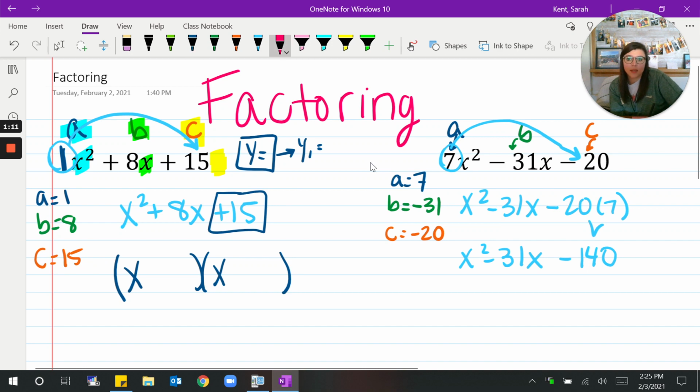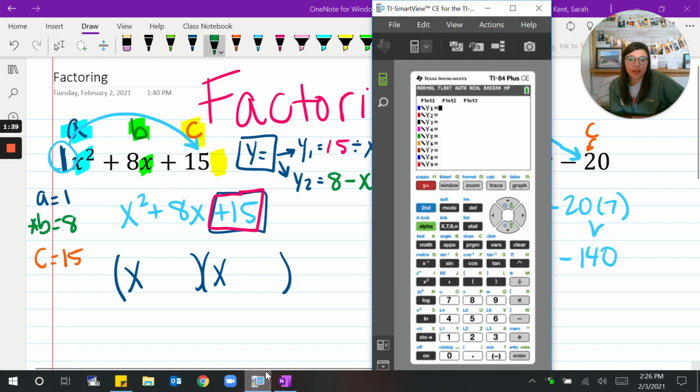So here it's 15 first, and then I'm going to say divide by x. In y2, I'm going to take b. So here our b is 8, and I'm going to say 8 minus x.